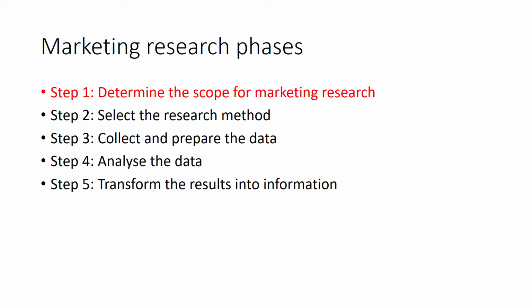As I discussed in the previous lecture, when I talked about the new Coke case and how Coca-Cola misdetermined the scope of the research or misdetermined their problem, meaning that the research that they did on the taste or developing a new and improved taste of Coca-Cola was actually completely wrong and not at all helpful in addressing Coca-Cola's core problem. It is at this stage that Coca-Cola went wrong. And it's at this stage where most research goes wrong, in a misdetermination of what the problem is and what the scope of the research should be addressing.